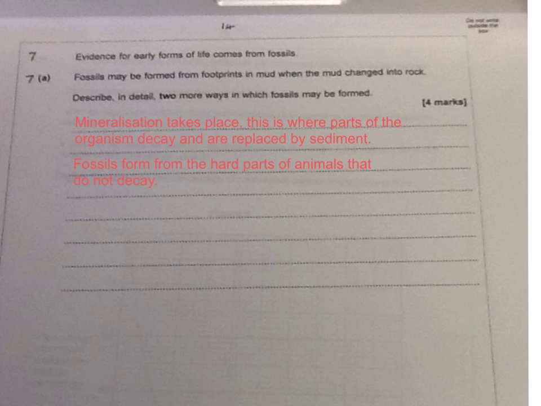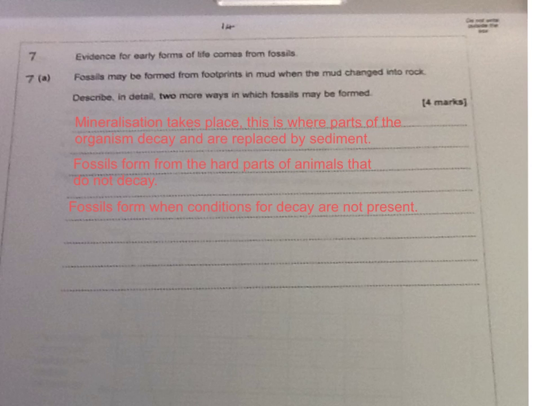Other things that you could say are that fossils can be formed when some of the conditions for decay are not present. So by that what we mean is if there's no oxygen present, then that will mean that bacteria and other microorganisms can't decay the remains of the organism.